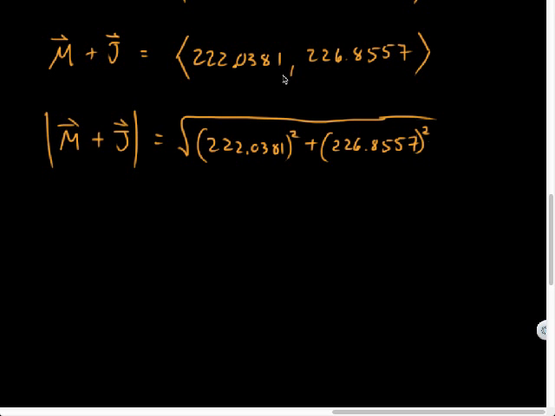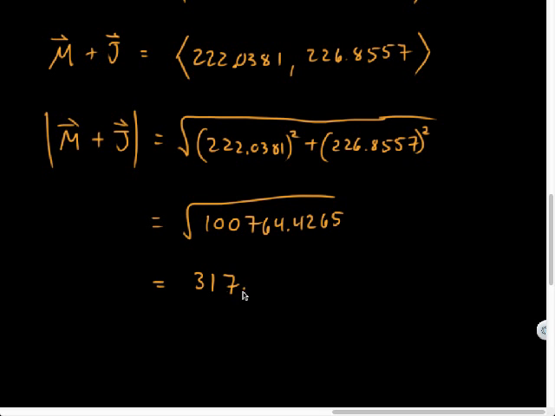I'm just using these right off the bat because I already did the work of adding those together. So you get the square root of 100,764.4265. You can skip right to the end here if you want. And you end up getting 317.4341 newtons.